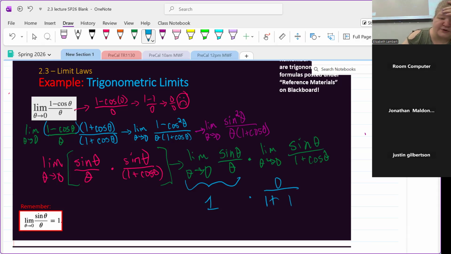So we have 0 over 2, which is 0. 1 times 0 is 0. So a whole lot of work to get a 0, but when we tried it the direct way, we got 0 over 0. So this is the other trig limit that's going to pop up on occasion.